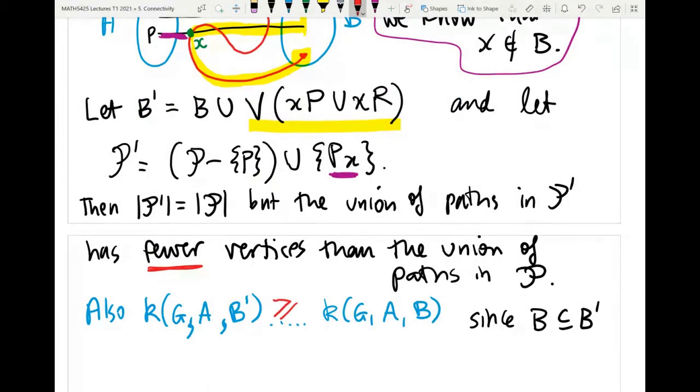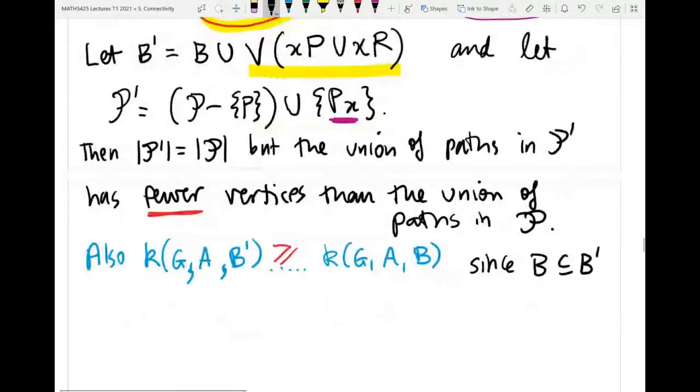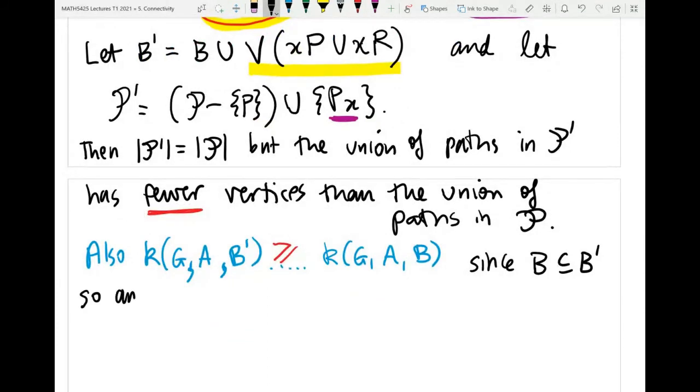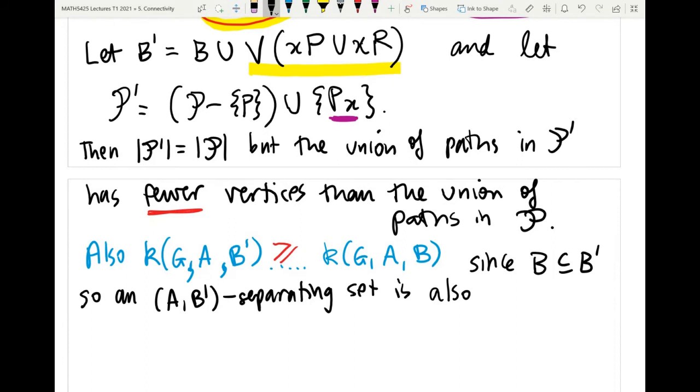So K of G, A, B primed is greater than or equal to K of G, A, B, and what that says, the reason why we mention it, is an A, B primed separating set, or maybe this shouldn't be so, but it's just like a remark, is also, or maybe it's part of this since, it's also an A, B separating set. And you need this to think about getting the inductive step working.